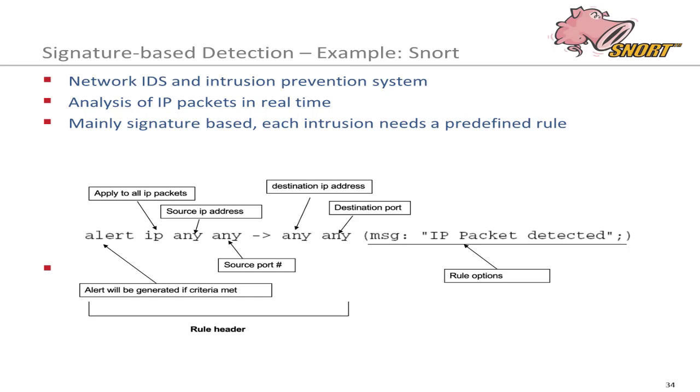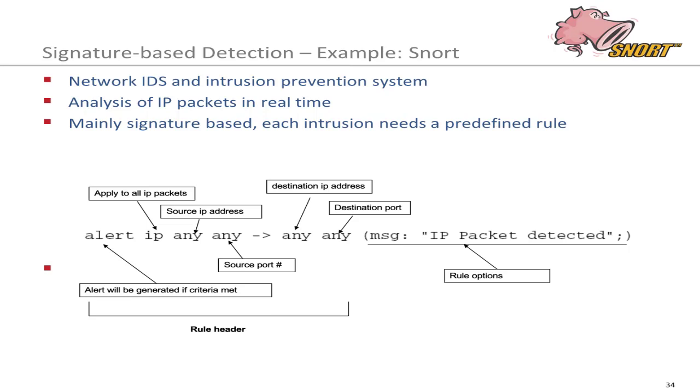Then you can specify the source IP address and port. Here it's any, so you just say, I don't care what it is. Same for the destination IP. And then the alert should contain a message that says this is an IP packet. Of course, for a real rule, you would update this and maybe also look at the contents of the packet. But with this language you can make it very easy.